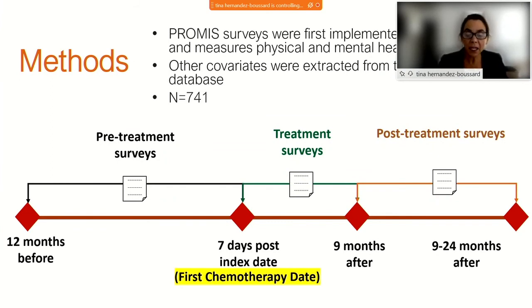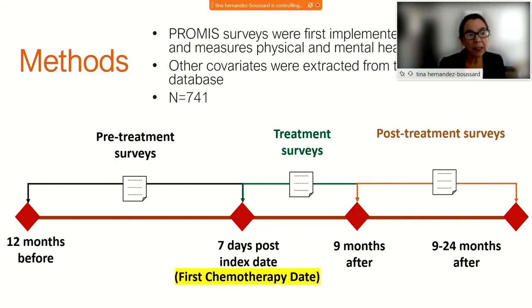So we then took this cohort from our EHRs, and we wanted to look at patient experience. We found in our EHRs that these patients actually completed some treatment surveys, patient-reported outcome surveys known as the PROMIS survey.